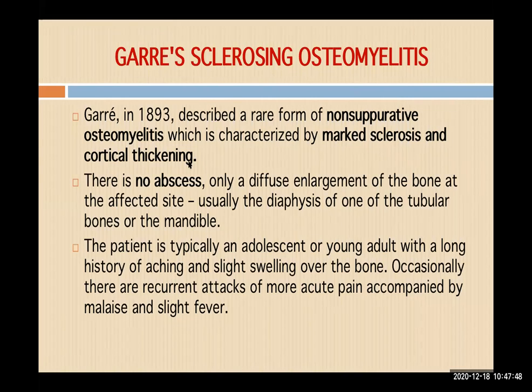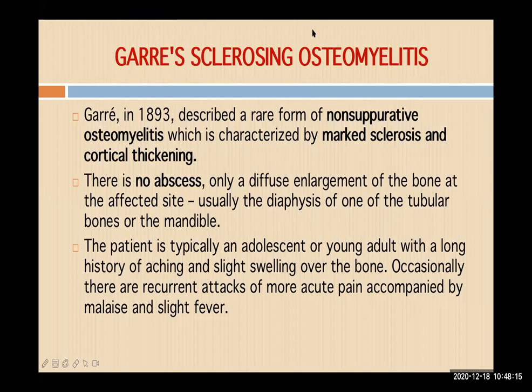There is marked sclerosis and cortical thickening around that infected site. This is the hallmark of Garre's osteomyelitis. So there is no abscess cavity or pus formation, only a diffuse enlargement of the bone at the affected site. And that affected site is usually the diaphysis of one of the tubular bones or the mandible.